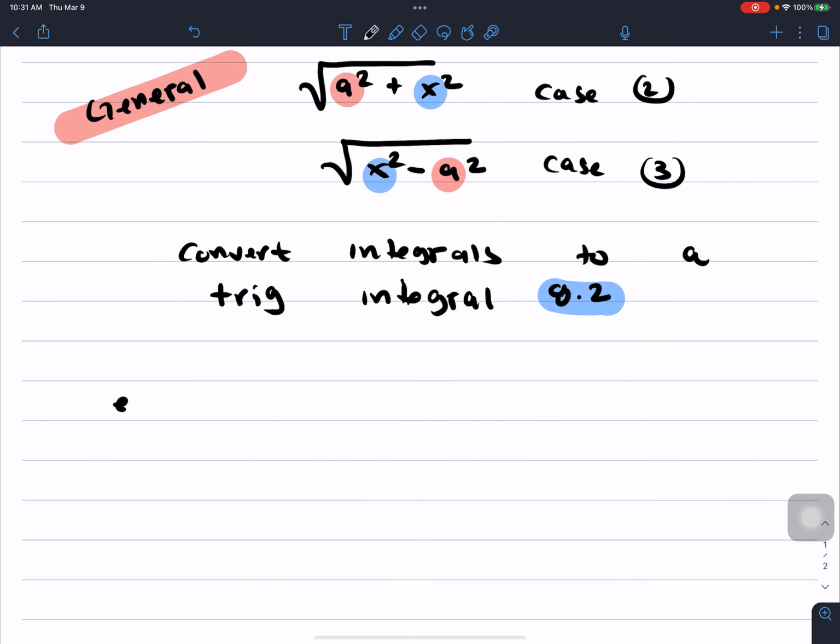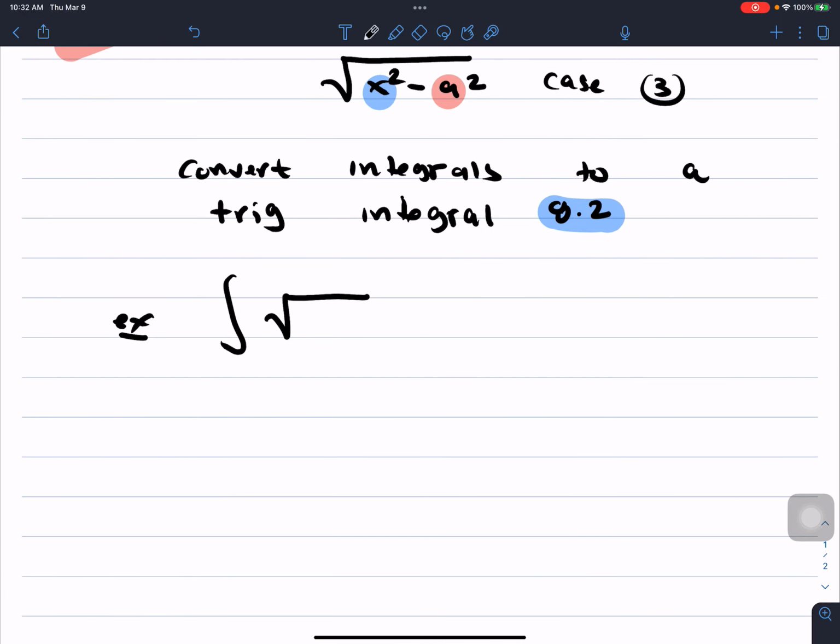So, for example, I'm going to do a quick example. What happens if you have to integrate something like this?